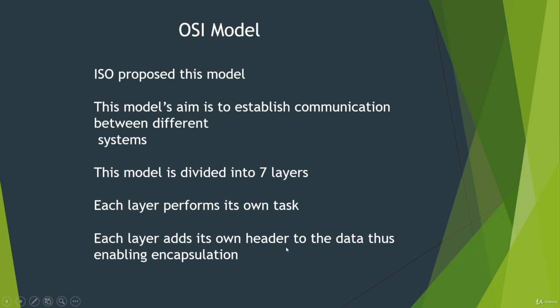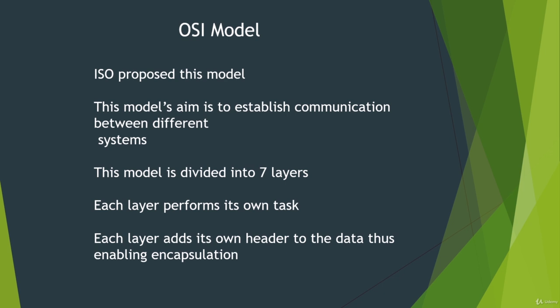So what this means is, the layer passes its data to the next layer, and that next layer does not know about this data. It simply adds its own header and then sends to the next layer, and so on. Thus each layer does not know what data is in there from the previous layer.